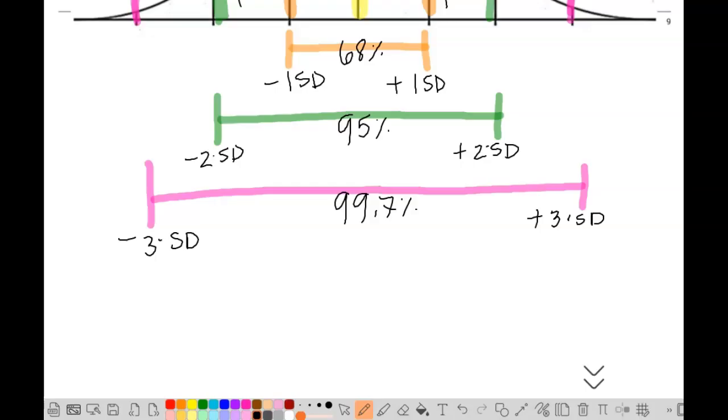Everybody knows this is SD, right? Standard deviation. Yeah, we start multiplying because 1 doesn't do anything. You just add it and subtract it. I mean, unless you want to write the number twice, I wouldn't. 3 times.